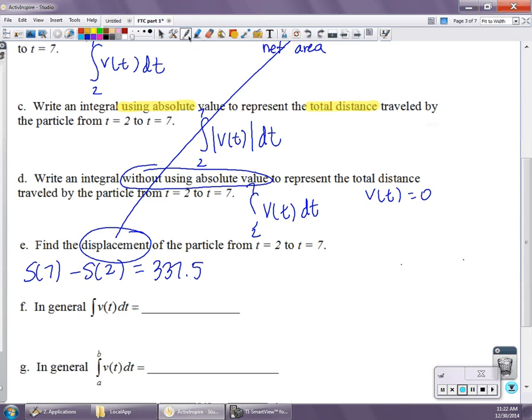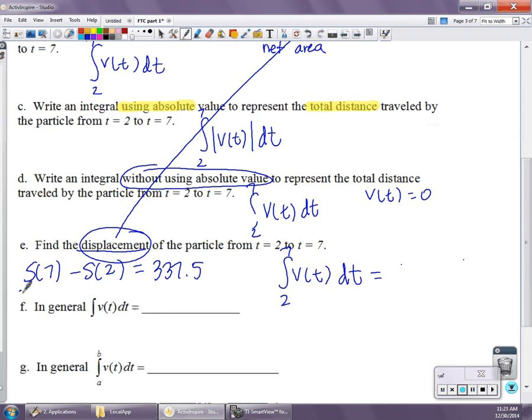To find the original position function, we found the antiderivative of v of t dt. We wrote a statement for the displacement of the particle in letter B, from 2 to 7, and we just calculated the displacement of the particle to be 337.5.